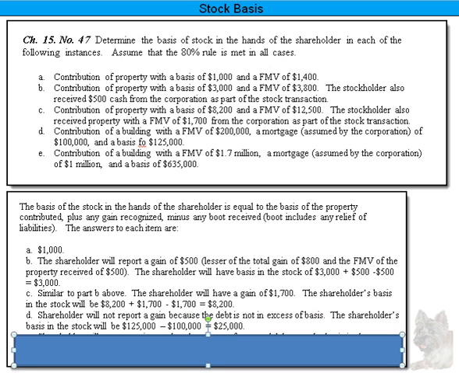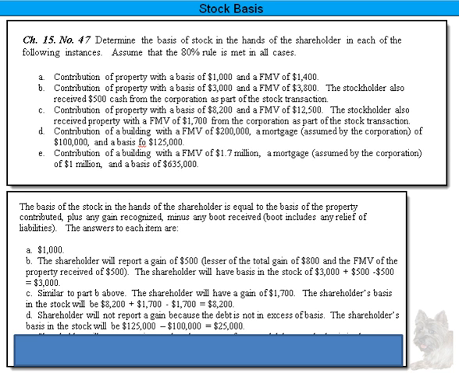All right, so D, how we would solve that is the shareholder doesn't have to report a gain because the debt is not in excess of basis. Okay, the debt's $100,000. The basis of the building was $125,000. There's no gain to be reported.